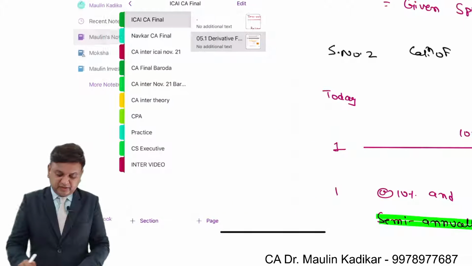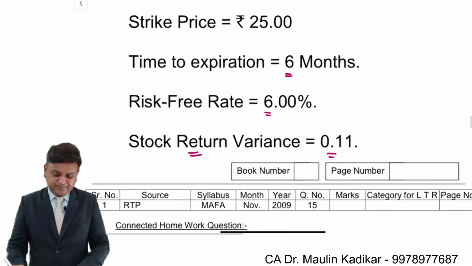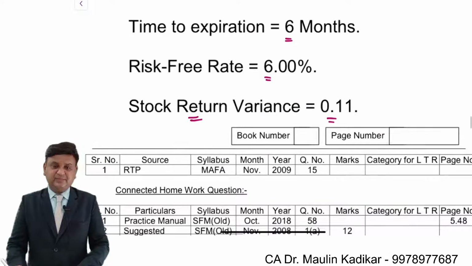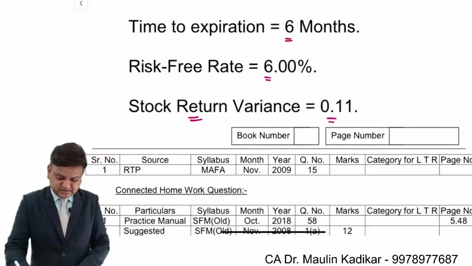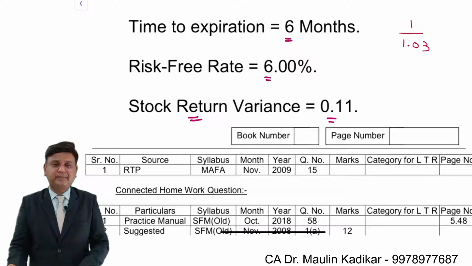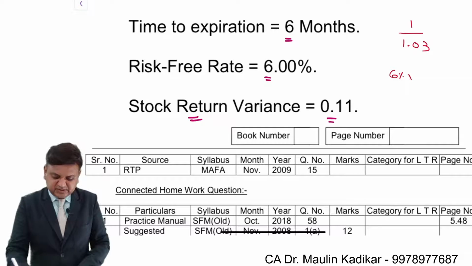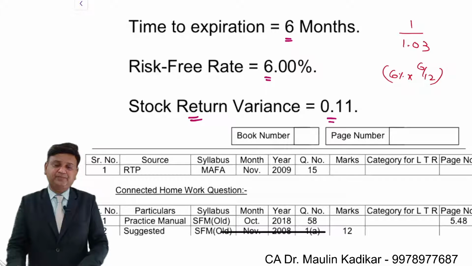So in step number 2, we'll compute the discounting factor. For the calculation of the discounting factor, generally we have a working like this: 1 divided by 1.03. How is it 1.03? The 6% is the rate of interest for the entire year, so for 6 months it would be 3%.